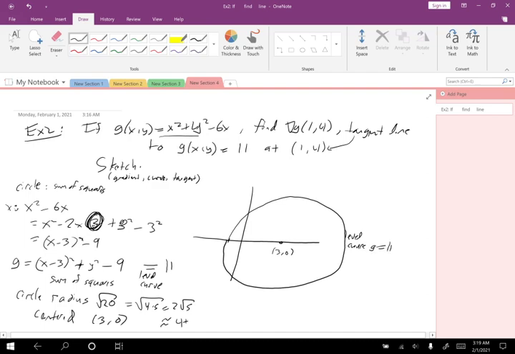g equals 11. Now what we do is draw the tangent at (1, 4). So here's 1, and here's 4, roughly speaking. Again, this is all qualitative. Now I'm just going to draw a tangent line here. It doesn't have to be pretty. I'll label this the tangent line.